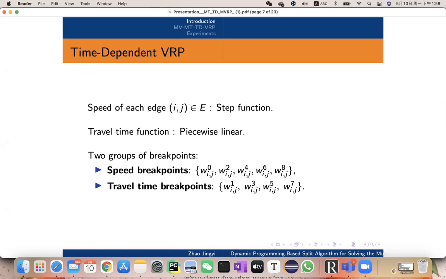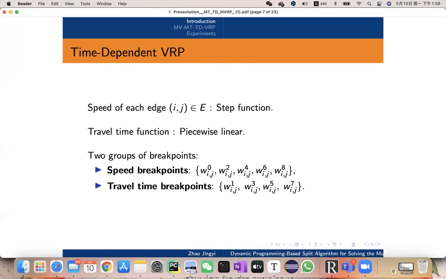So now we introduce the time-dependent setting. The difference with the classic vehicle routing problem, where the speed of the vehicle is always set to 1 and we only need to find the route with the minimum travel distance, is that the time-dependent vehicle routing problem assumes the speed profile of each edge ij is a step function.